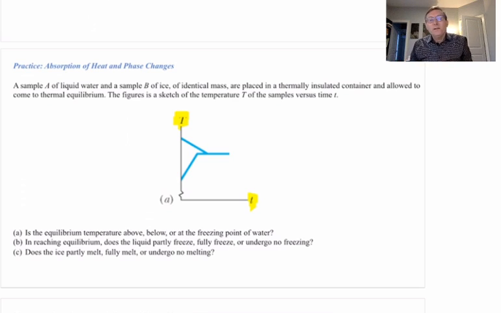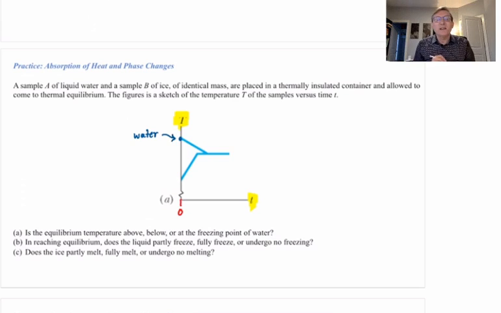There is a lot of information in a graph like this. First of all, you have to be able to identify what in the graph represents the water and what represents the ice. Why don't we look at time zero here? This clearly is time zero when the graph begins. Can you tell which part represents the water and which the ice? It's got to start up here for the water because that's the higher temperature initially.